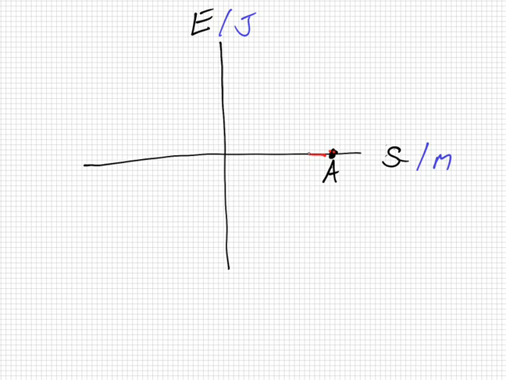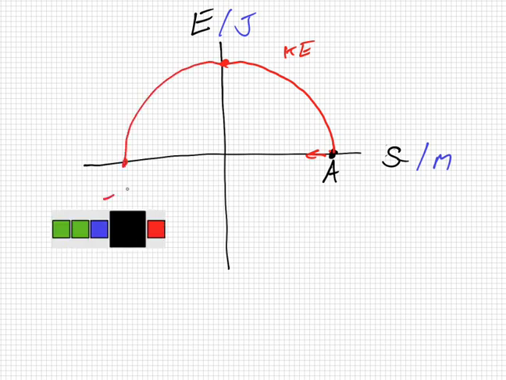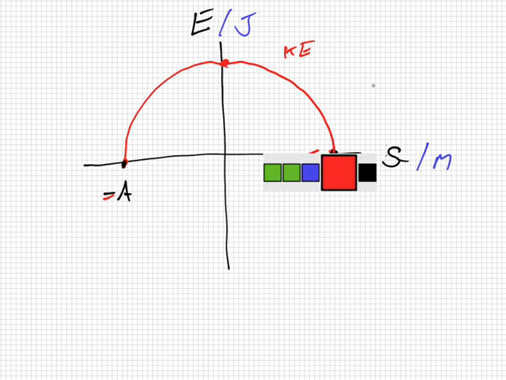So as the X gets smaller, you get more kinetic energy. And then when it reaches the bottom, it starts to slow down. So it slows down, and then back here at minus A, no more kinetic energy when it goes all the way down.